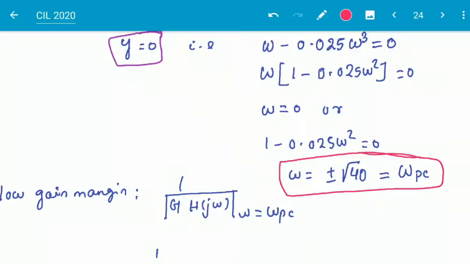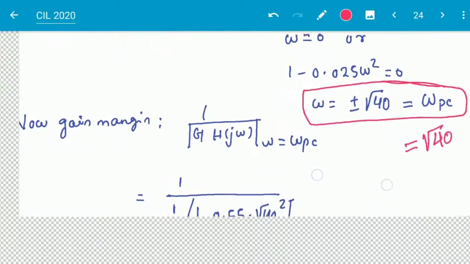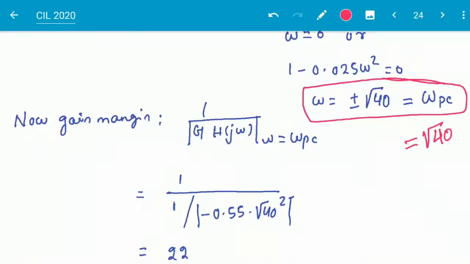Phase crossover frequency is positive root over of 40, root 40, and gain margin is given by 1 by mod of GH(j omega) at omega equal to phase crossover frequency, and this is given by 1 by the mod.